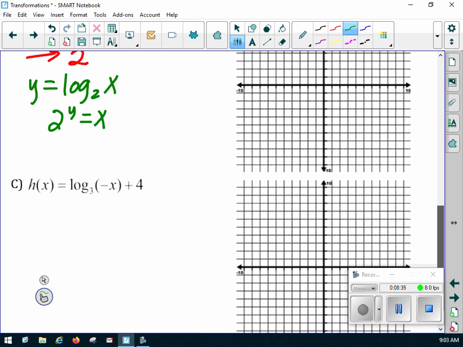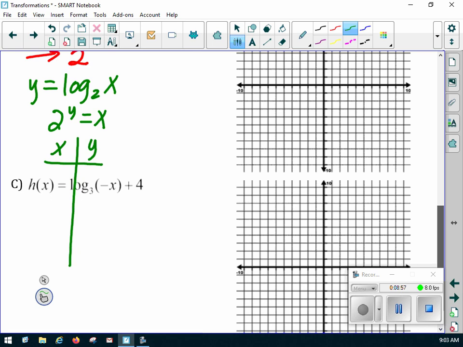And for some of you, this may be a whole lot easier than the other way I showed you. All right. We're going to find points on the parent graph because remember, these two mean the same thing. Where do I put my -2, -1, 0, 1, 2? Why do I put it as y?